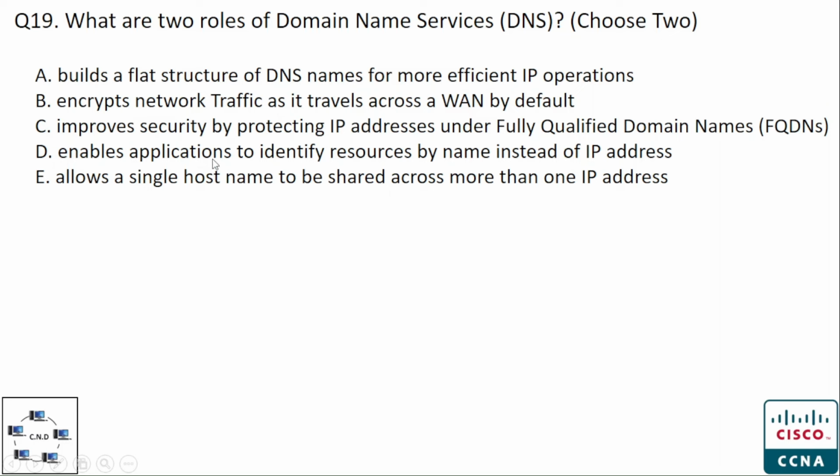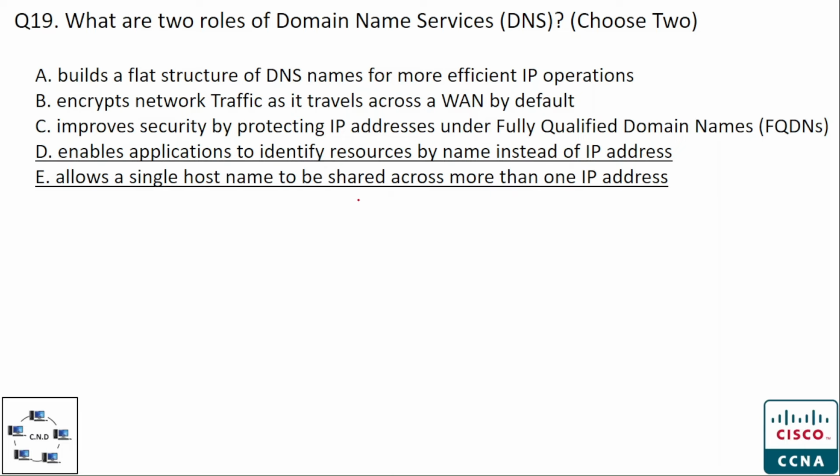Option D, enables applications to identify resources by name instead of IP addresses. And option E, allows a single host name to be shared across more than one IP address. And the correct options are option D, it enables applications to identify resources by name instead of IP addresses.